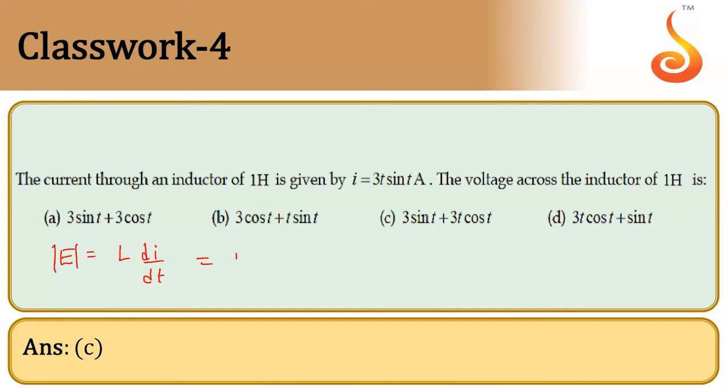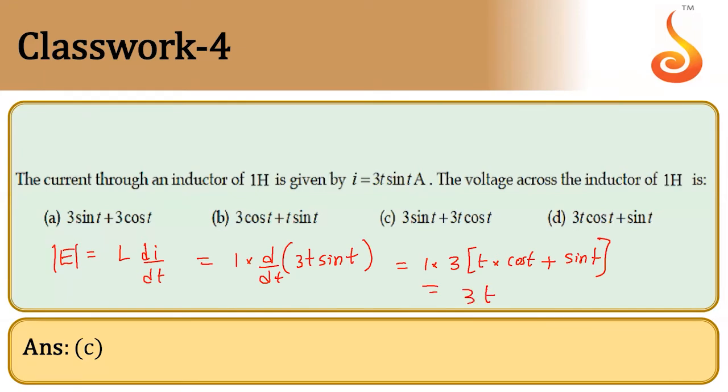L is 1 Henry, and di by dt of 3t sin t: 3 is constant, keep t as constant, derivative of sin t is cos t, and then keep sin t as constant, derivative of t is 1. So this is equal to 3t cos t plus 3 sin t. Option C is correct.